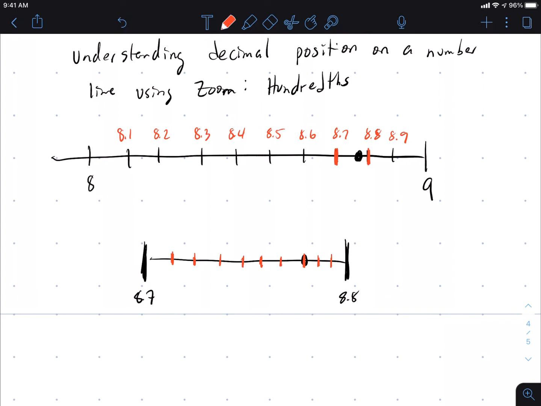Each line here was 0.1 when they were whole numbers, so we moved the decimal one spot for each line: 0.1, 0.2, 0.3, 0.4, 0.5. But now in this one, we're already in the tenths, so the lines in between, instead of being tenths, are going to be hundredths. Does that make sense? I'm going to move the decimal one more spot.